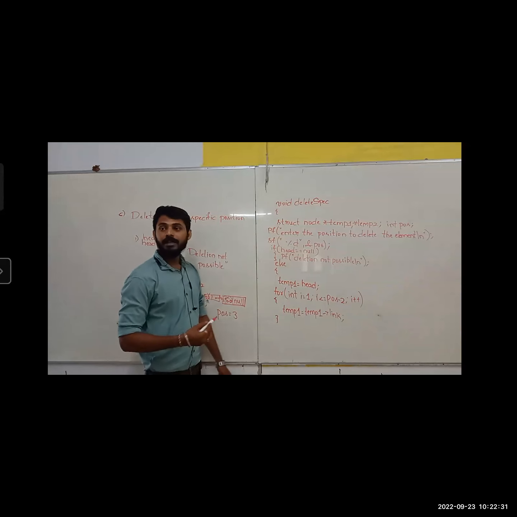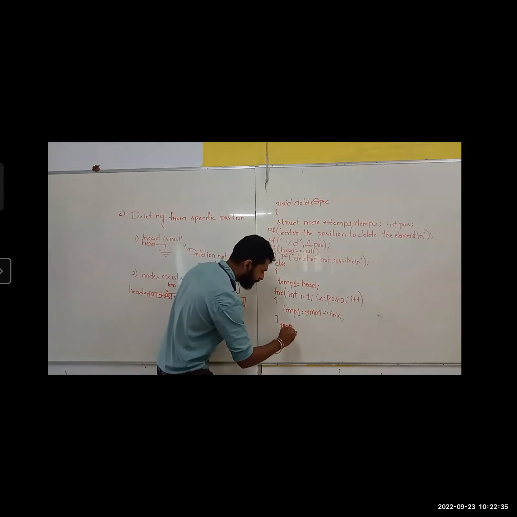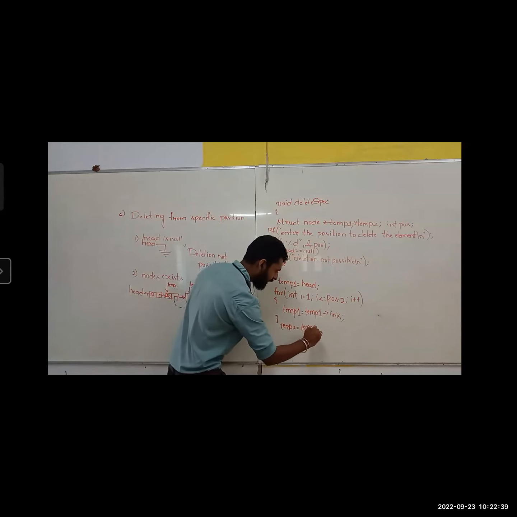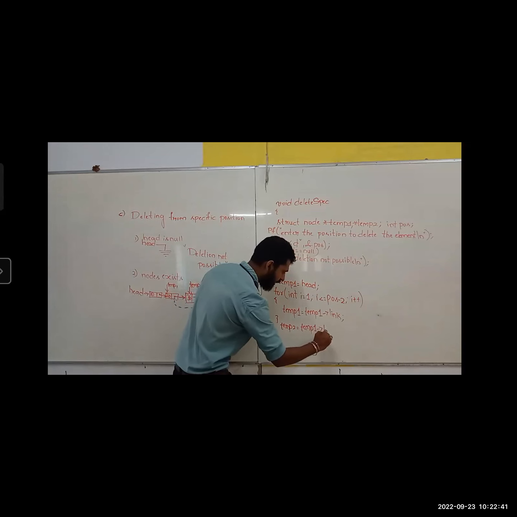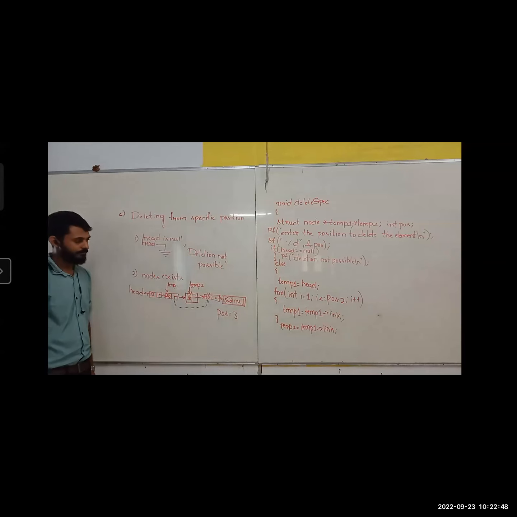I should bring my temp2 now. Where exactly my temp2 should point? Temp2 should point to the same place where temp1's link is pointing. Yes. Next what? Now temp2 is pointing to here. Now what I should do? How? What I should write now? Or what is the process I should do?